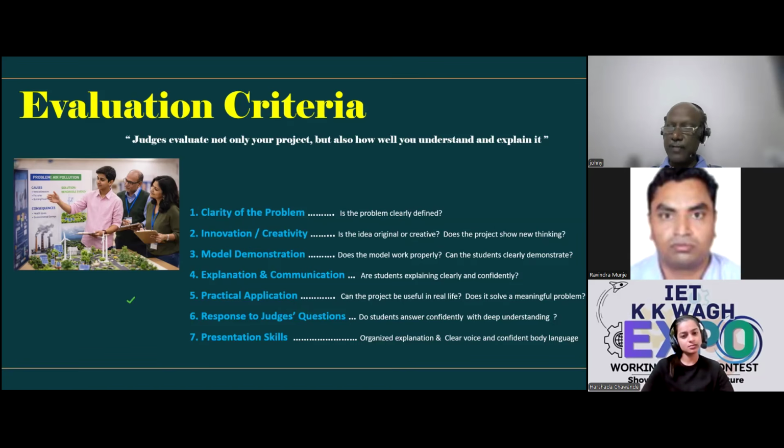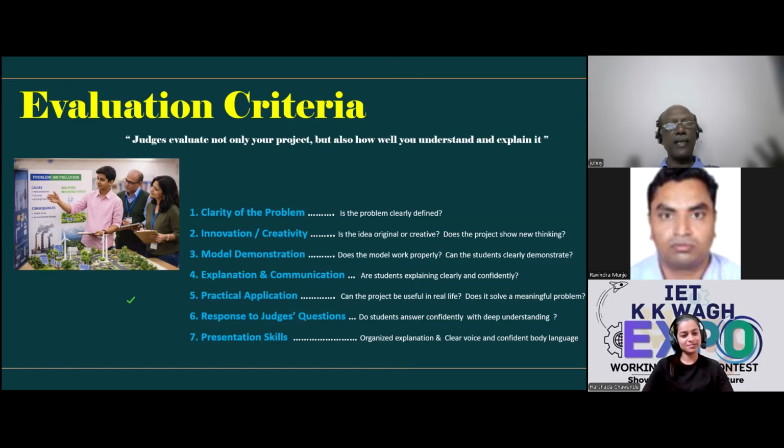Now, this project, what you have developed, is at the fag end of your curriculum. Means you are a budding engineer now. You are almost an engineer. Now, engineers don't do projects for fun. They develop projects for real life application. So when you showcase your project, please keep in mind, does it have any real life value?